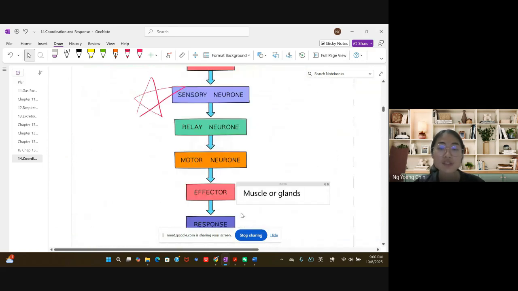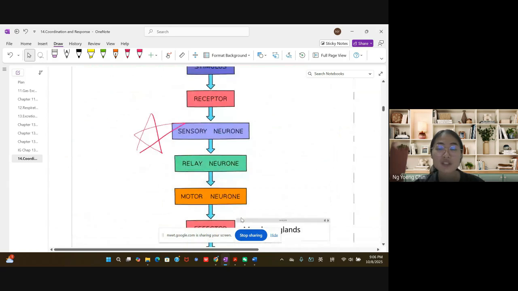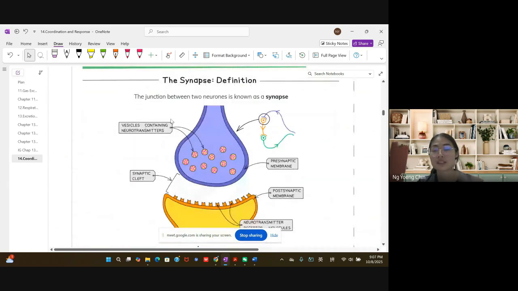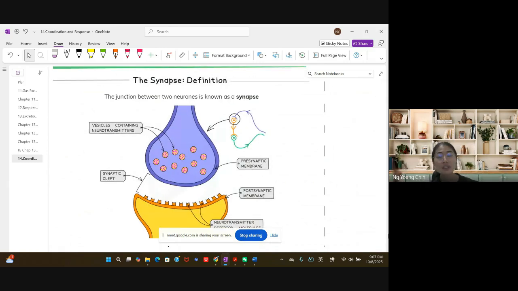So that's all for the pathway of the nervous system. Now we talk about the synapse. Another interesting topic is the synapse. What is meant by synapse? Just imagine it this way: inside your brain and spinal cord, there are millions of nerve cells.